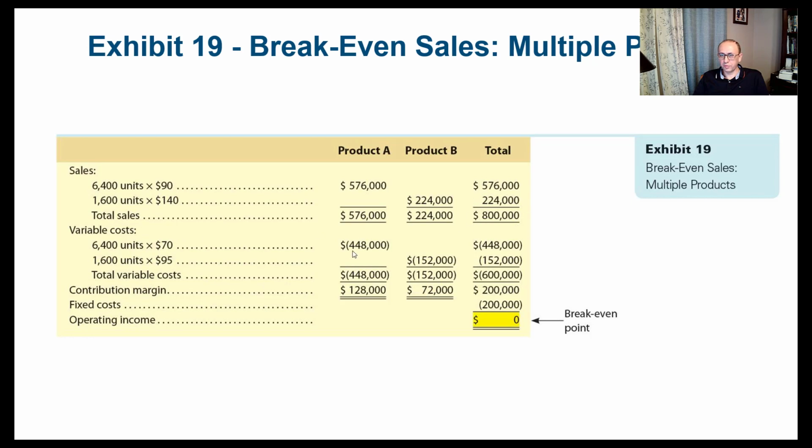The variable cost, we've done the same calculations, and we got 600,000. The contribution margin was 200,000. The fixed cost, we know it's 200,000. If we subtract, the operating income would be 0, which is the break-even point. Remember, break-even point is when our revenue matches our cost, and that would be our operating income equals 0.